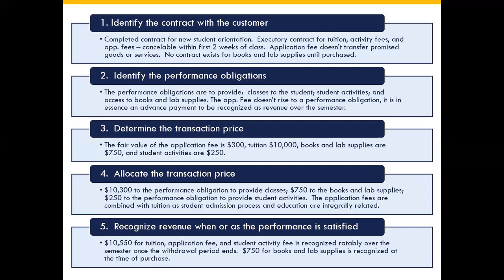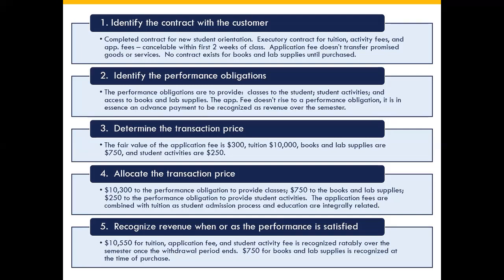So the other performance obligations that we have are providing classes to the student for the semester, providing student activities, and then access to books and lab supplies. So then you can see how we break out the transaction price, $300 for the application fee, $10,000 tuition, and then the books and lab supplies are $750, student activities are $250.